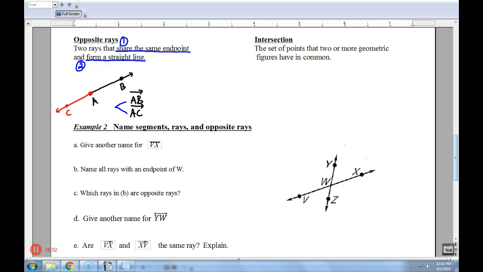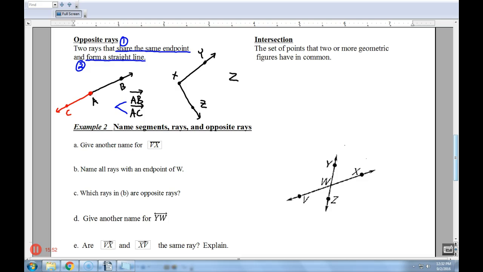Now, some things where people sometimes get confused: this would not be an example of opposite rays. Let's call this X and we'll call this Y. And then maybe I'll come down here and call that Z. I do something funky with my Z's. Most people draw a Z like this. Sometimes when I'm going fast, it looks like a 2.